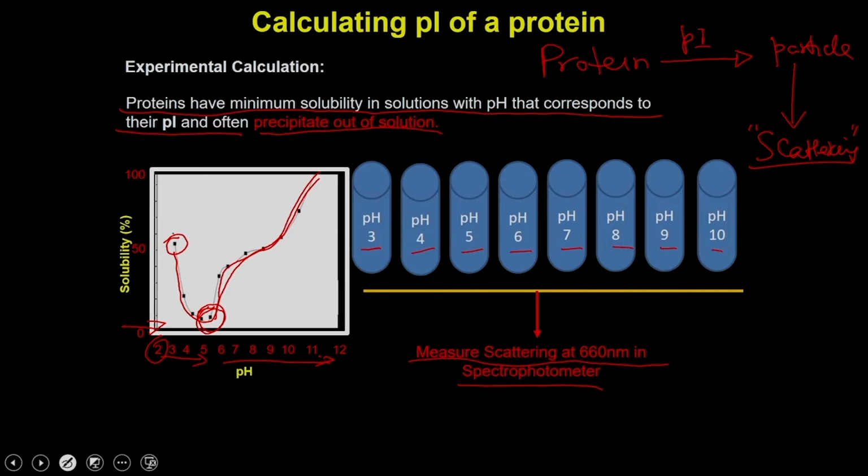If you follow this pattern, the isoelectric point is somewhere between 5 and 6. But if you narrow down these pH conditions, you can determine the pI value of the protein very precisely.